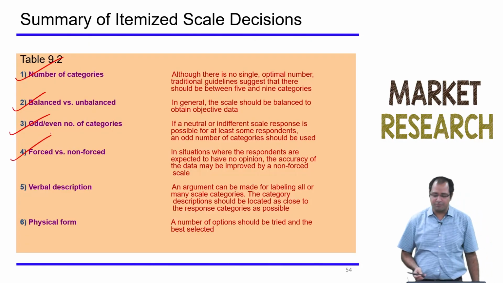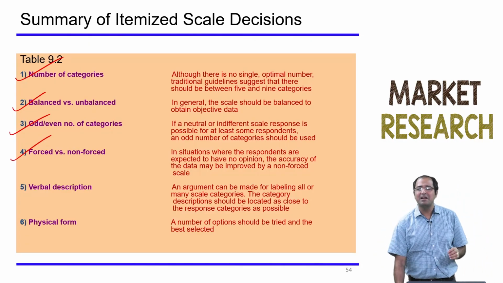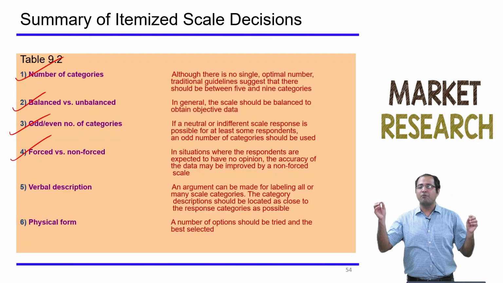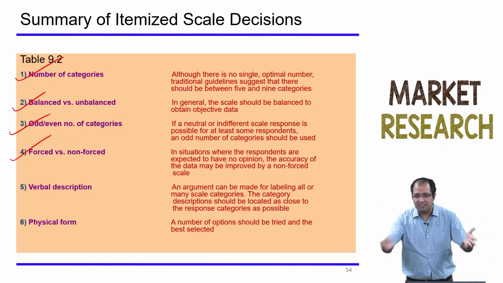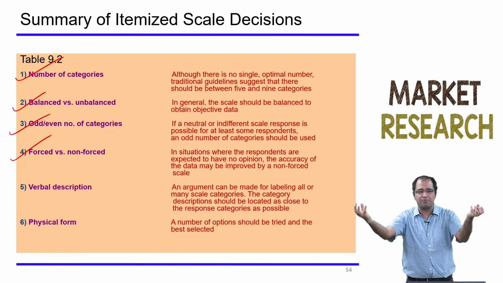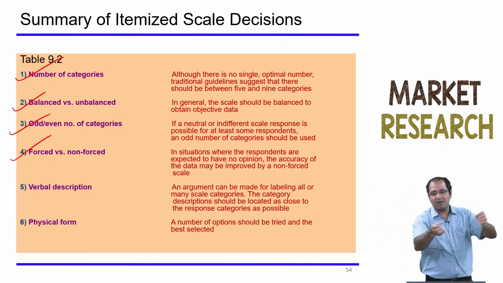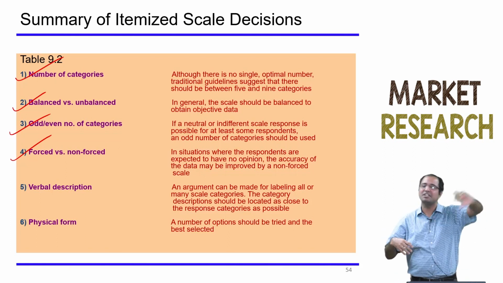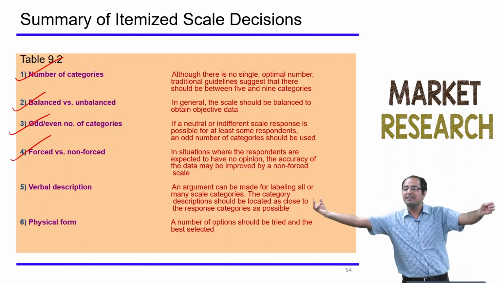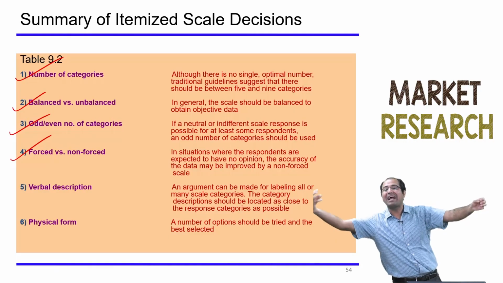Forced versus non-forced. Forced is when you are wanting the response. Let's say when you are giving 5 options: strongly disagree, disagree, neither agree nor disagree, agree, strongly agree. You are not giving I do not want to answer or I do not know.